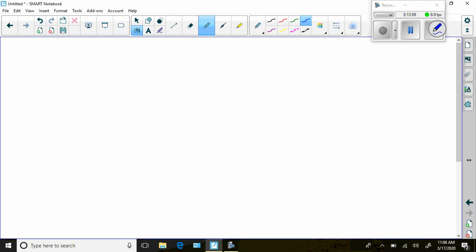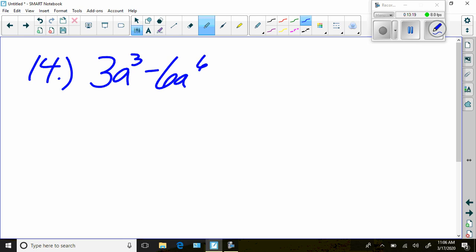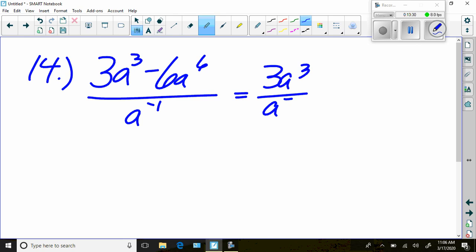Number 14. Hello, number 14. It's 3a to the 3rd minus 6a to the 6th all over a to the negative 1. Hey, let's split this puppy up. So it's 3a to the 3rd over a to the negative 1 minus 6a to the 6th over a to the negative 1.